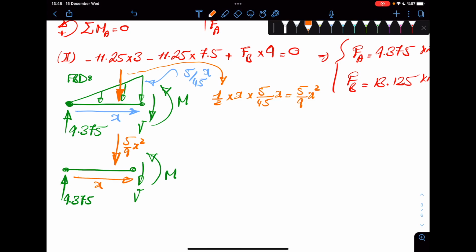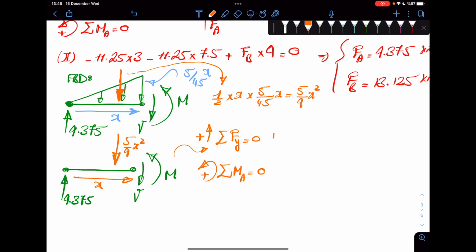If you do that again for this simplified system, you write equilibrium of forces in the y direction, again assuming upward is positive, and then you write equilibrium of moments with respect to, let's say, point A equals 0.